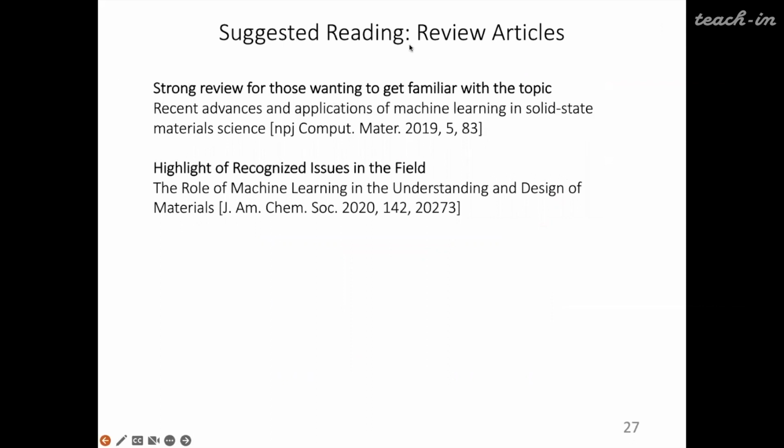The first one is a good introduction into the topic of applied machine learning in the material science. And next, you can refer to this perspective article if you are interested in recognized issues or problems in the field.